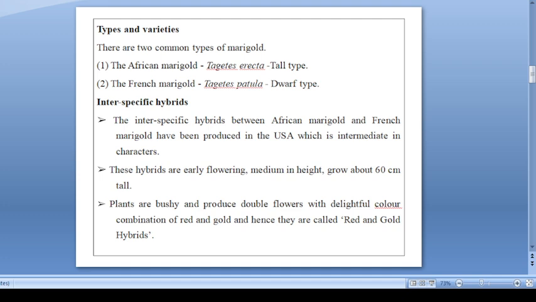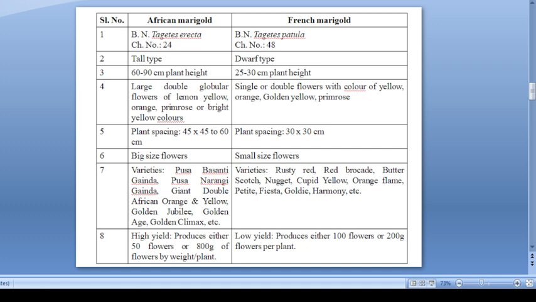We can also see some interspecific hybrids between African and French marigold, even in the USA. The hybrids produce early flowering, and the height is normally 60 centimeter. This is the main difference between African and French marigold.